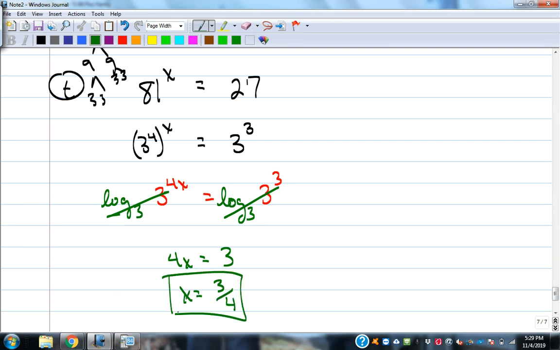It's the same process, but taking the logs opens up the idea of what if you had 3 to the 5x is equal to 24? What do we know about 24? Is there any way to write 24 as a base of 3?